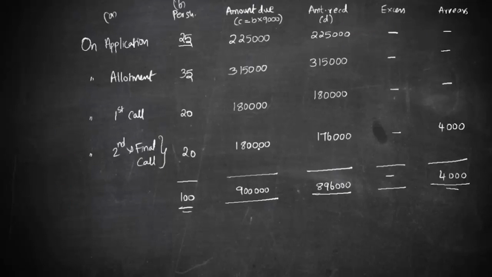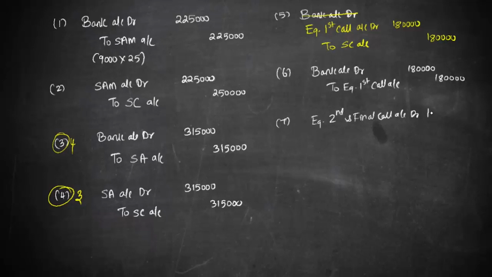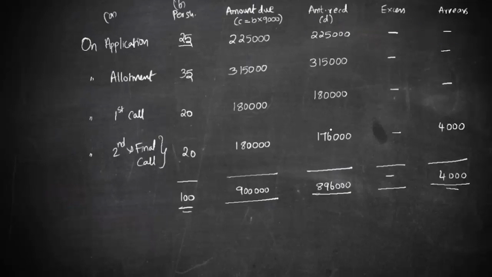The due amount is 1,80,000, and credit will go to share capital account 1,80,000. Then you are going to have a realization, but look at here, the realization is only 1,76,000.